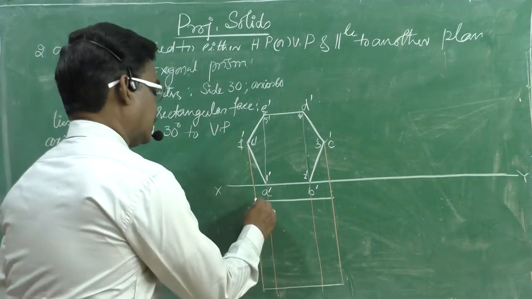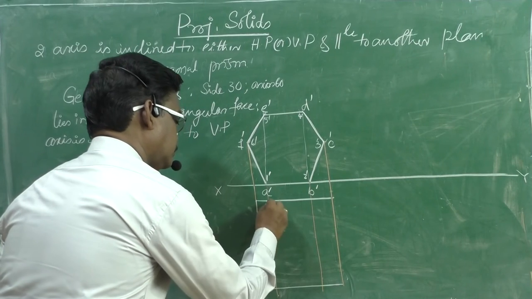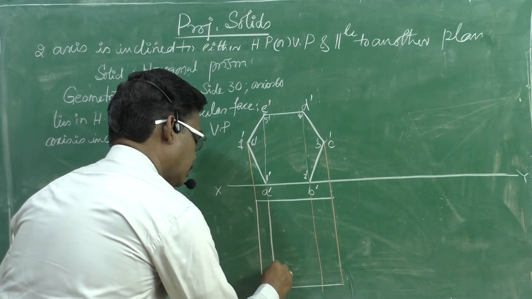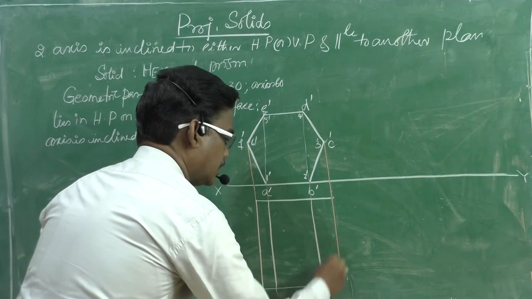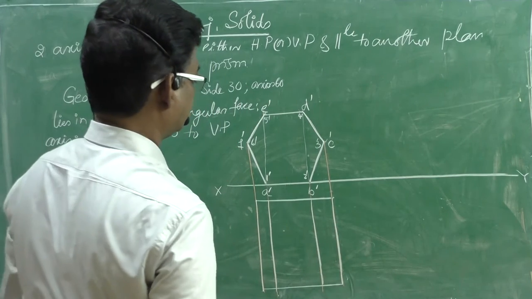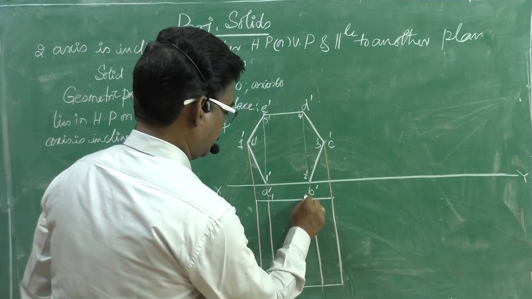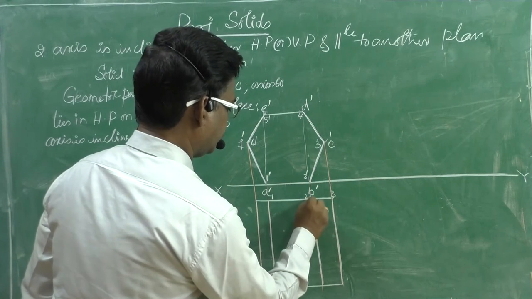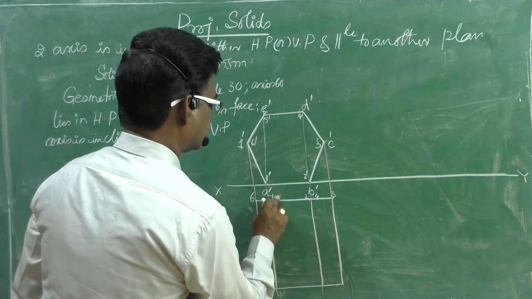Now, this edge is visible, this edge is also visible, this edge is visible, and this edge is visible, right? Give the numbering: this is 1, 2, 3, this is 4, this is 5, and this is 6.